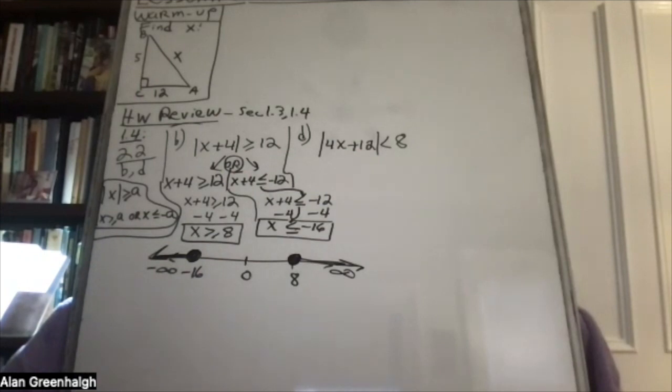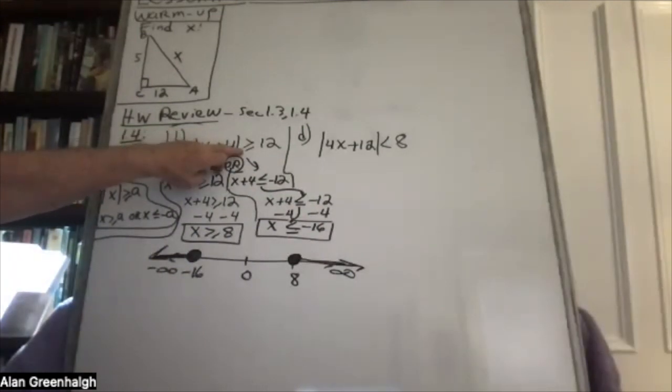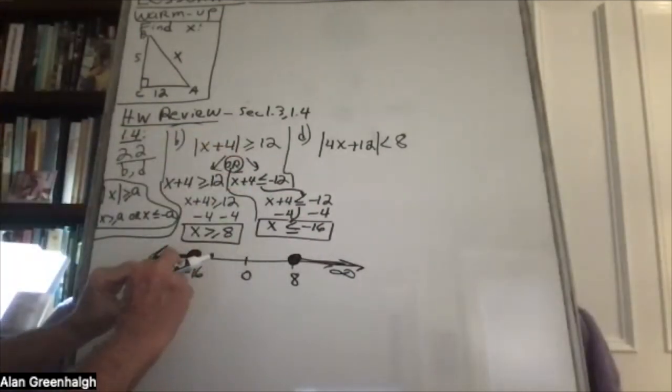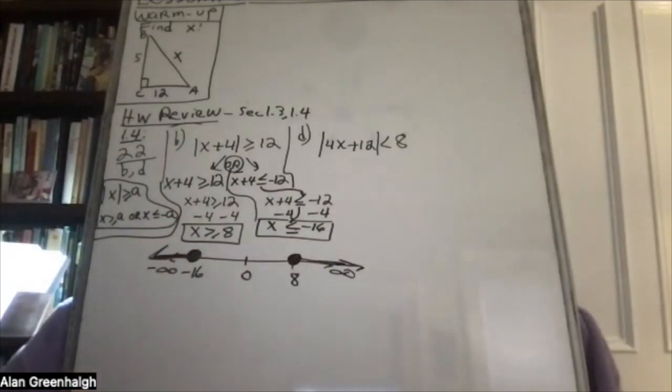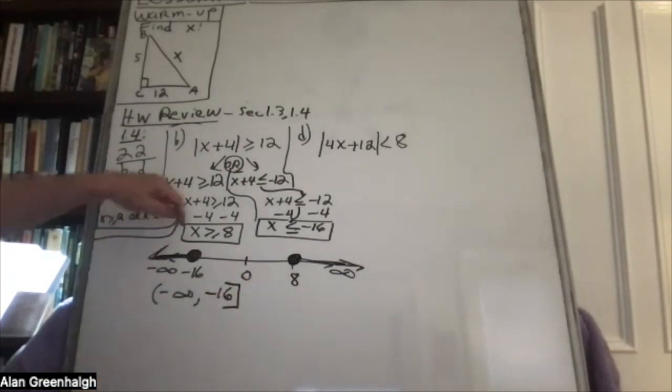Okay, so now you can understand what's happening. The fact that it's a greater than means that the solutions go in opposite directions. That's the important thing to remember in this problem. And in interval notation, it's negative infinity to negative 16, in brackets, because there's a line underneath.